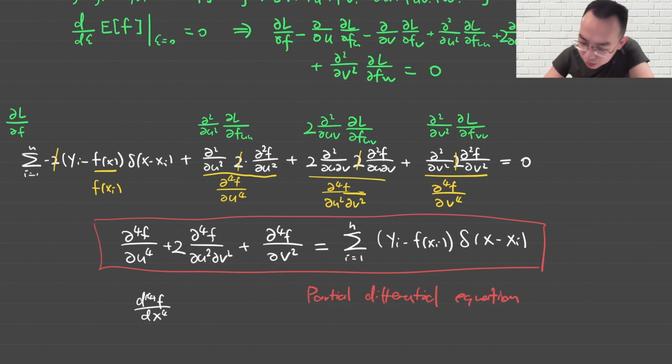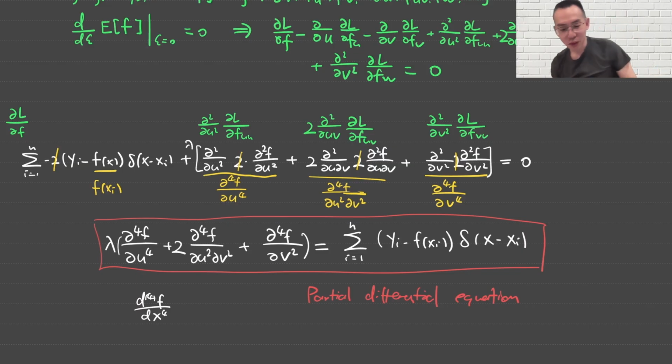I think I'm missing lambda here. I think lambda is added to the penalty term, so here we have the lambda, and this also has the lambda. That's better.